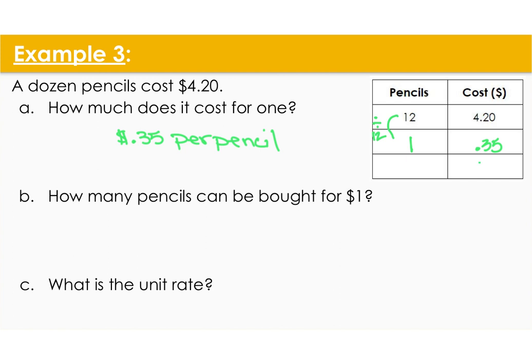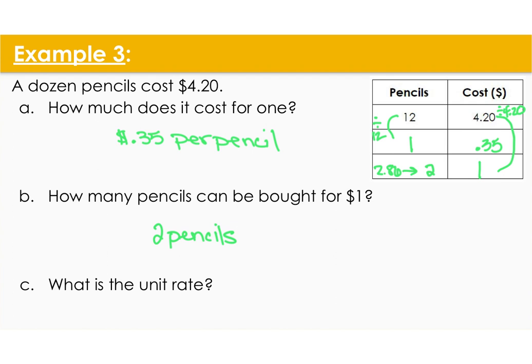How many pencils can be bought for $1? Now that means I want the 1 to be down here. So how do I get from 420 to 1? I divide by 420, which means I need to divide the 12 by 420 as well. And that is 2.86 pencils. So how many can I actually buy for $1? It would be 2 because I can't buy partial pencils.